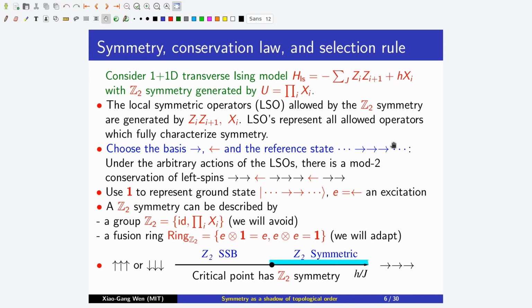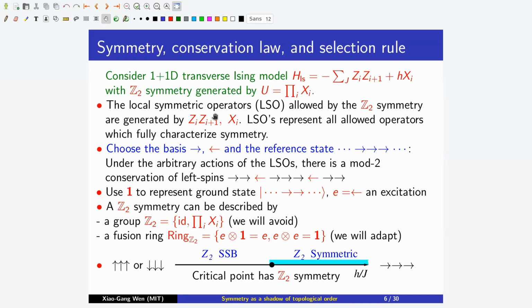From here, a single spin pointing to the left will have a conservation with respect to these local symmetric operators. We apply the local symmetric operators to this configuration. We find that ZZ can flip two spins, but cannot flip one spin, and X does not do anything. Therefore, the single left spin cannot be destroyed by the local symmetric operators.